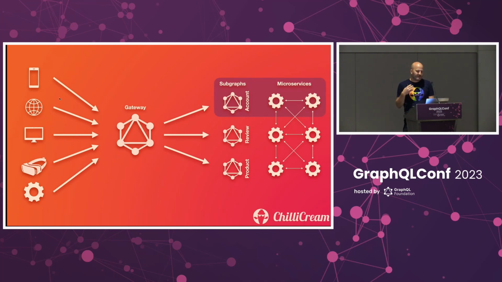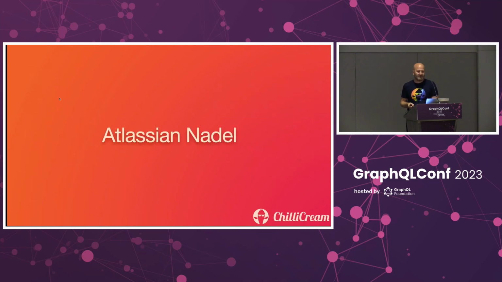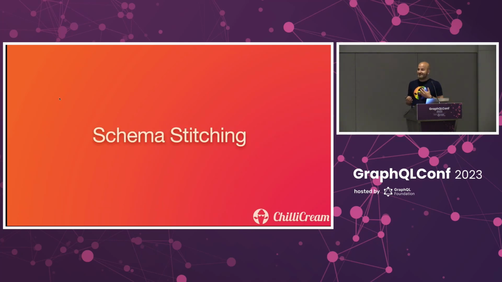And for this kind of thing, we actually have a lot of solutions. Like there's Atlassian Nadel. I don't know if anybody knows this. Nadel actually means needle, it's a German word for needle, and was created by Andy, the maintainer of GraphQL Java. There are other techniques like schema stitching, and we have schema stitching in several flavors.